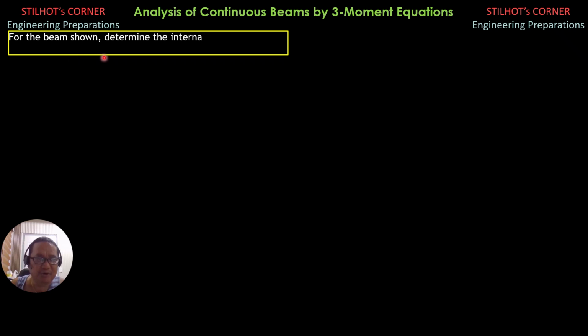So for the beam shown, determine the internal and external moment reactions at the supports by the flexibility method.